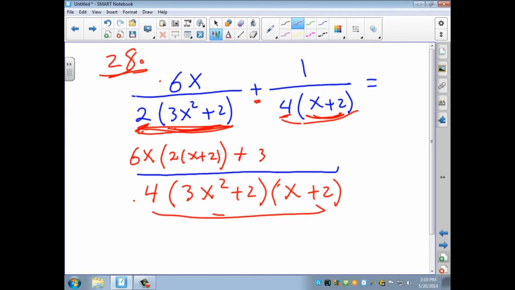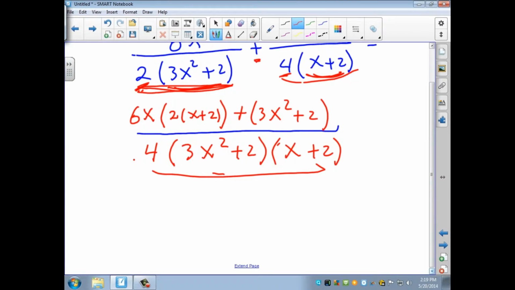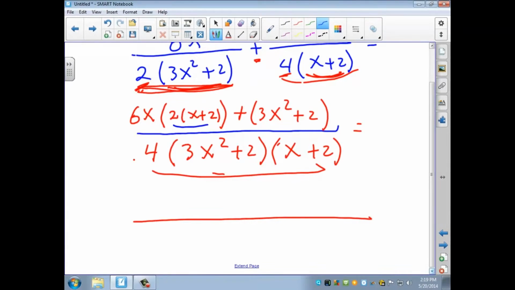It is 3h squared plus 2. Equal. Now when I multiply everything together, by the way, here inside the parentheses, 2 times h plus 2, it would be 2h plus 4.